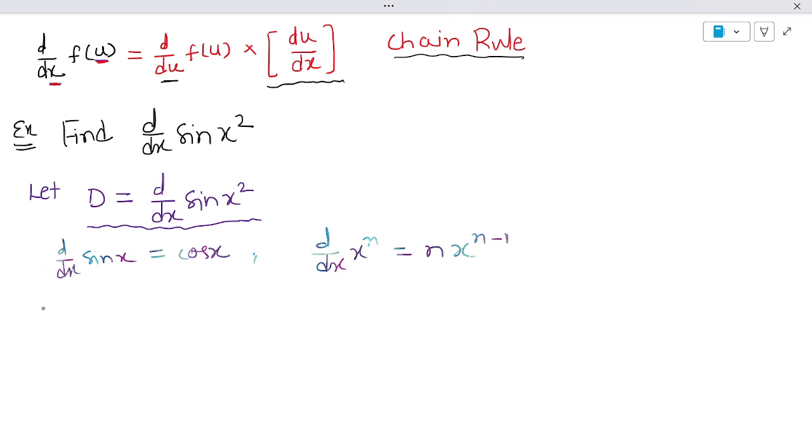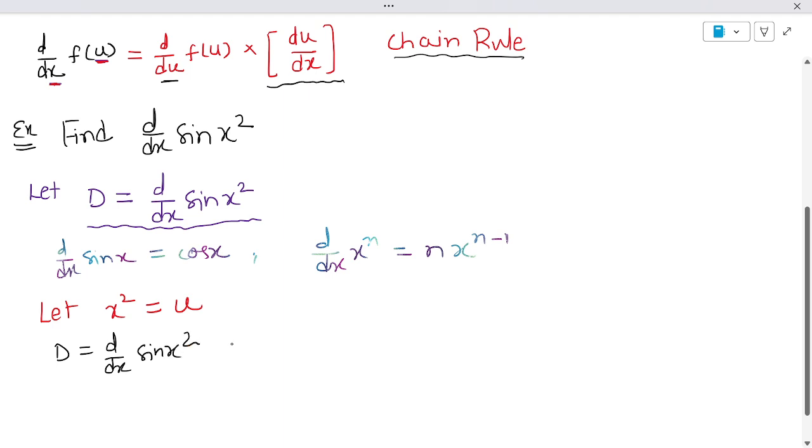So to find this, let us assume that x square is equal to u. Then this capital D is nothing but derivative of sin x square.